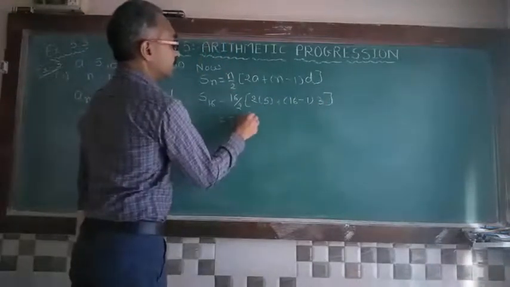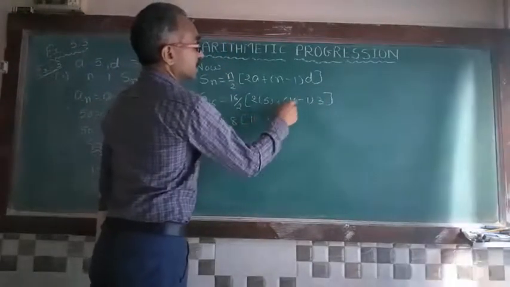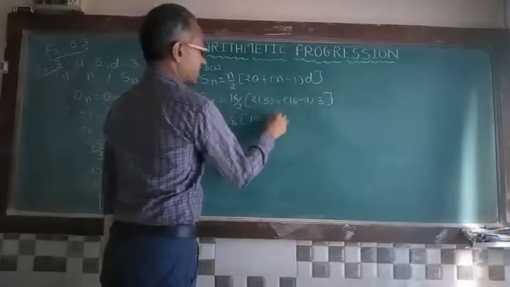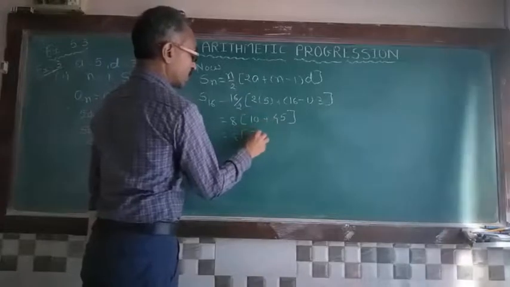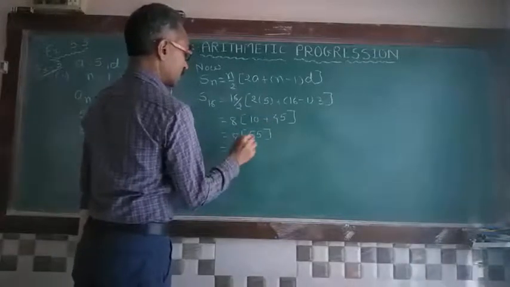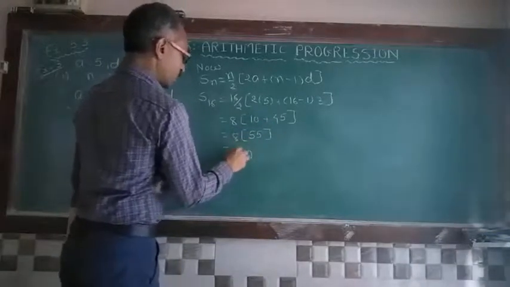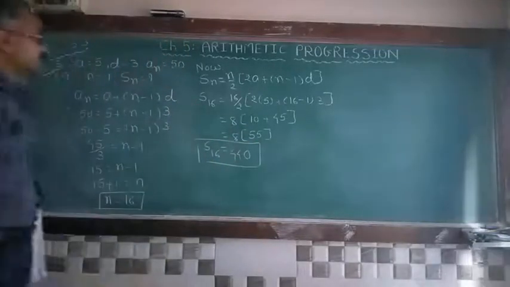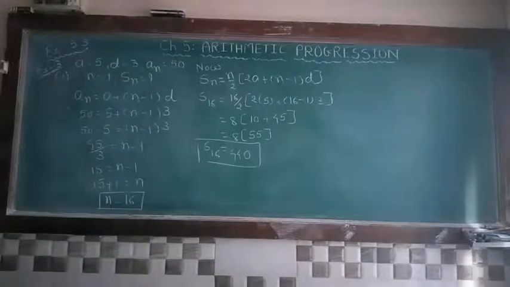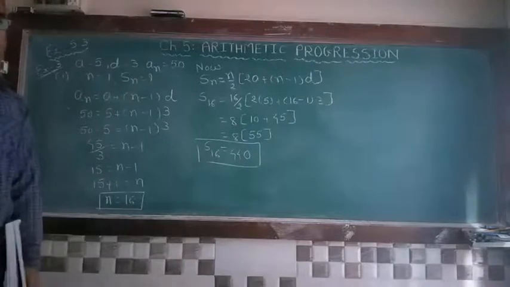That means 8 into 10 plus 16 minus 1 is 15, 15 times 3 is 45. So 8 into 55, that is 440. So this is your Sn. That is 440.